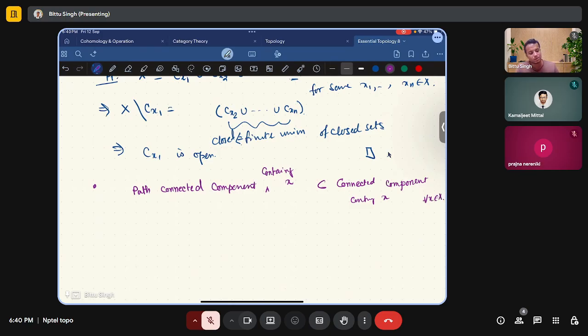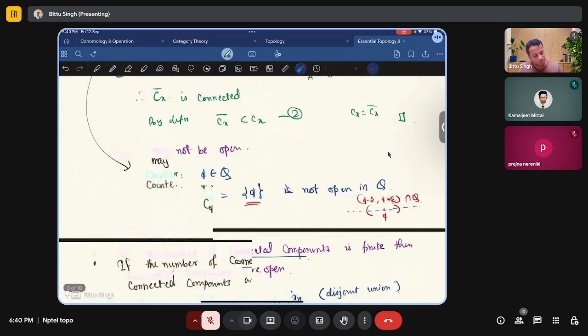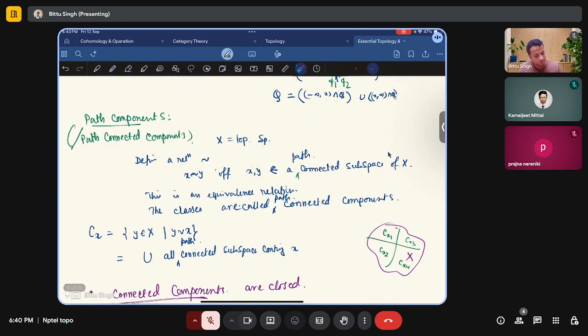Why is this the case? Because this is the definition: the path connected component containing x is the union of all path connected subspaces containing x. But path connected means it is also connected, right?